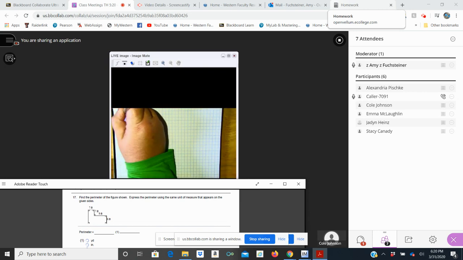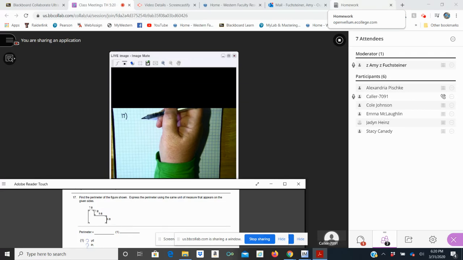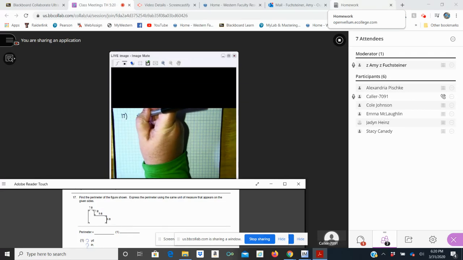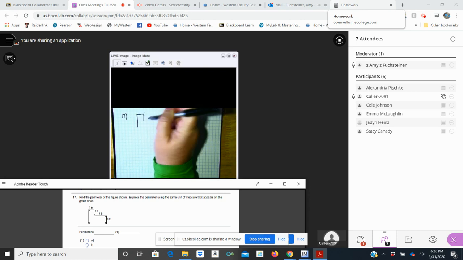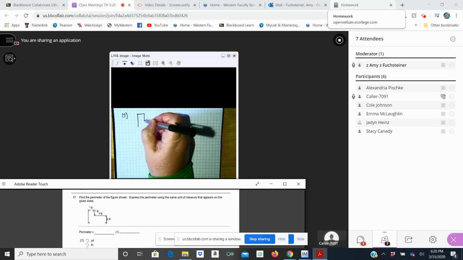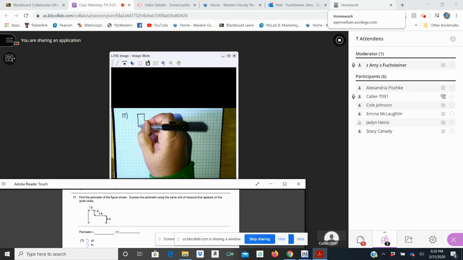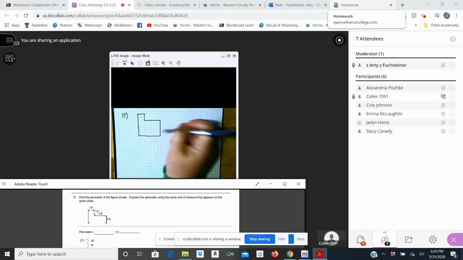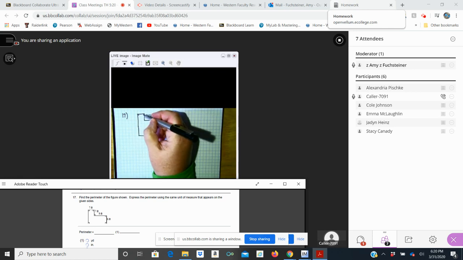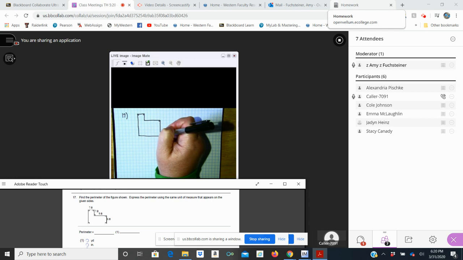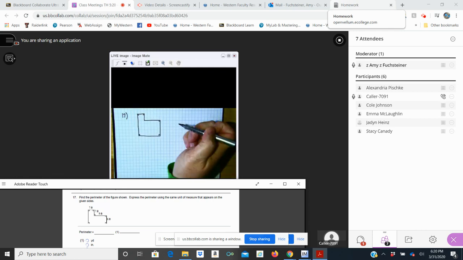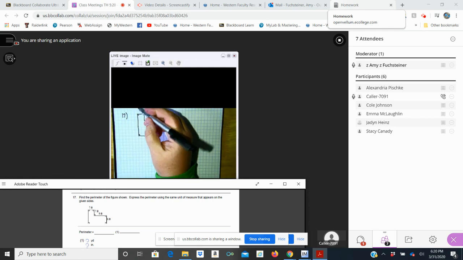This is number 17. They've given us a bit of an odd figure. We know everything is right angles. That's helpful because it keeps us with squares and rectangles.